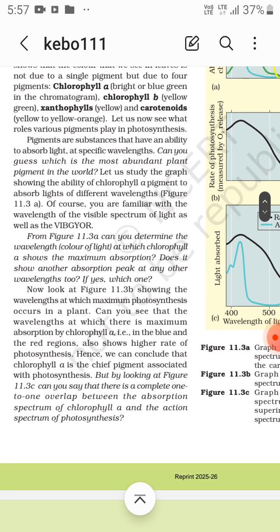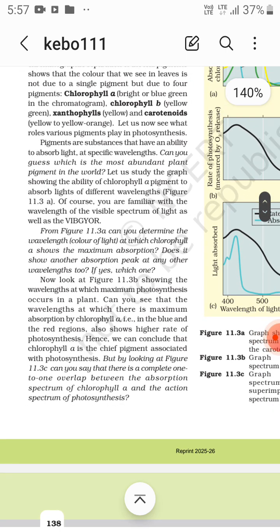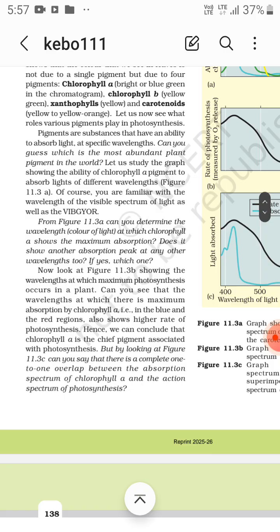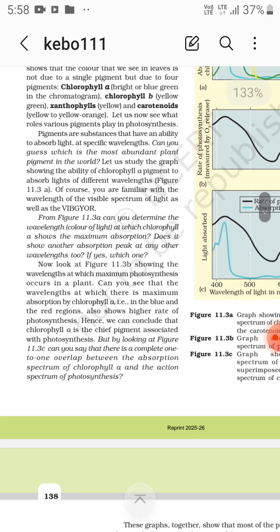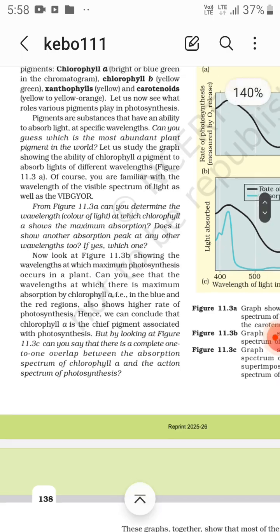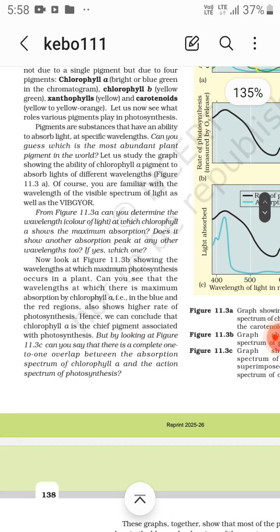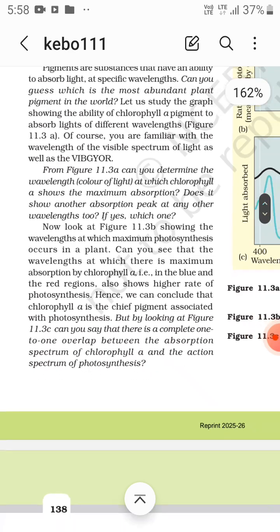Does it show another absorption peak at any other wavelengths too? If yes, which one? Showing the wavelengths at which maximum photosynthesis occurs in a plant. There is maximum absorption by chlorophyll A in the blue and red regions, which also shows a higher rate of photosynthesis. Hence, we can conclude that chlorophyll A is the chief pigment associated with photosynthesis.